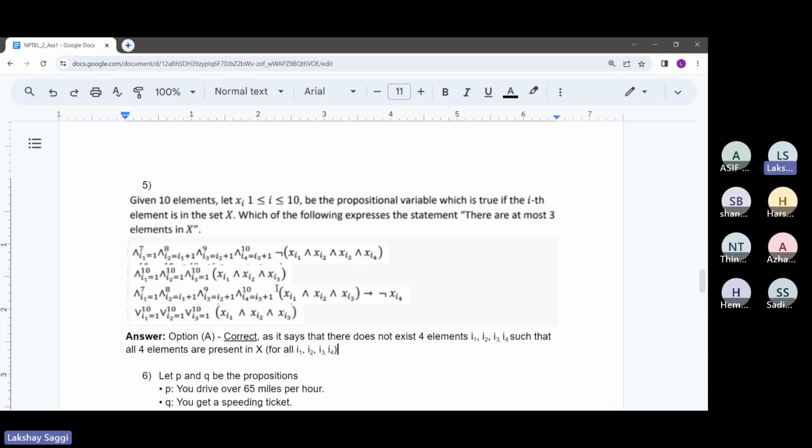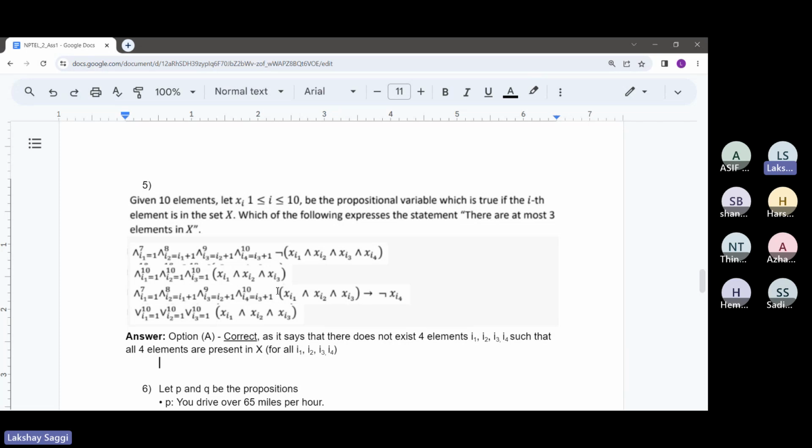So basically it says that there does not exist any four elements which exist in X. So this captures the criteria that there are at most three elements in X. Because if there were at least four, so there could be four or five or six, then there must exist some four elements, at least, which would be present in X, which option A states is not possible. So option A is actually correct.